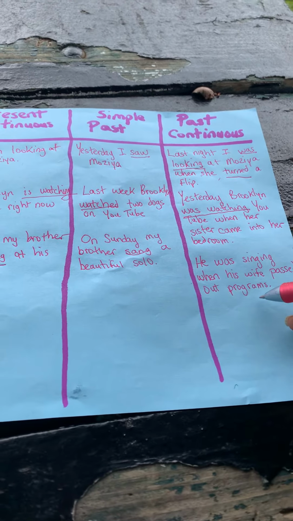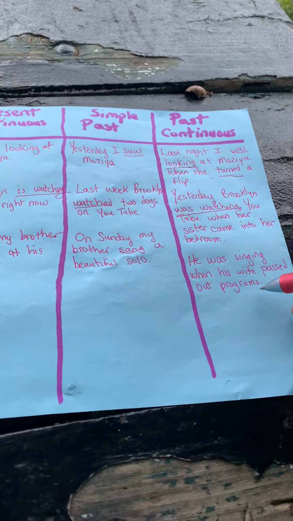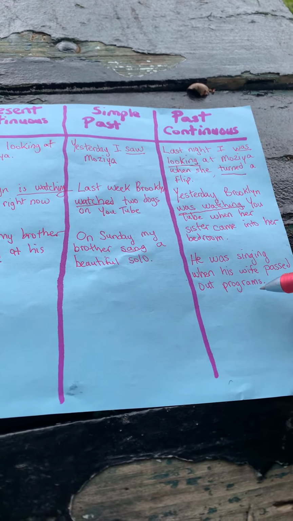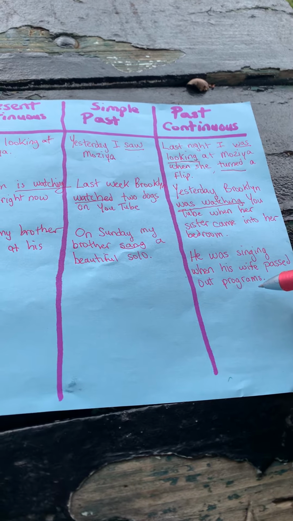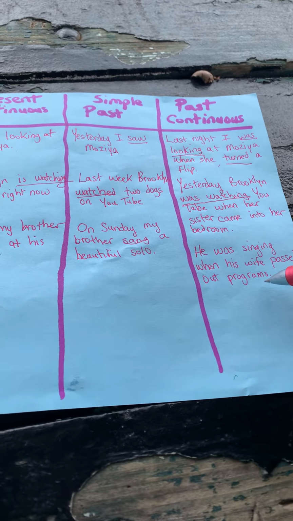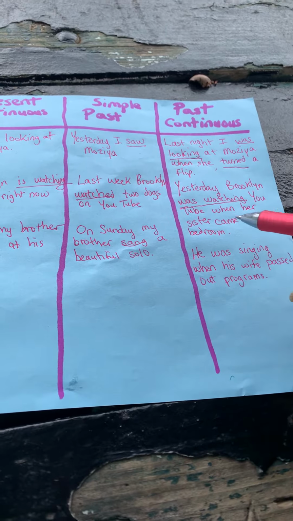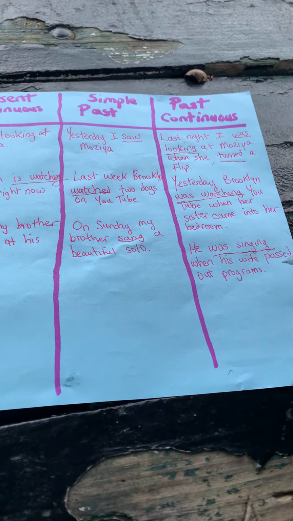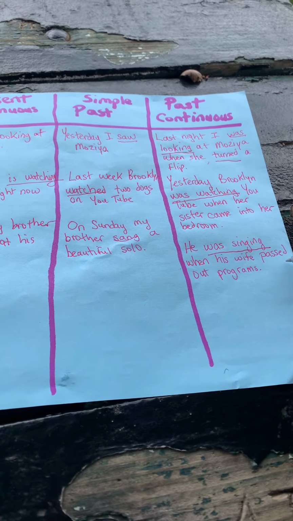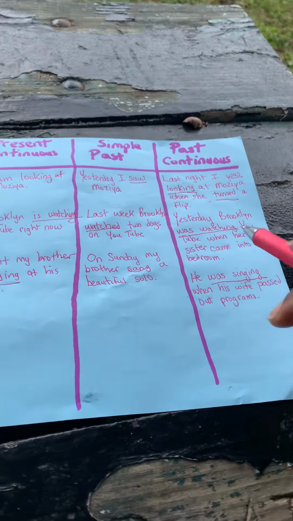Programs can be a noun, and usually in a church they have programs that tell you the order of the service, or you might have a program when you go to a concert or to see a stage play. So he was singing when his wife passed out programs. To pass something, it's like to hand deliver, okay?